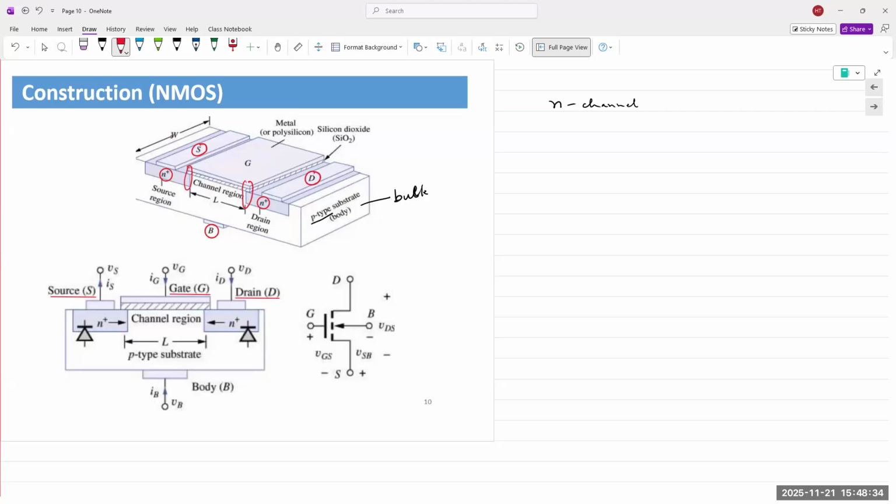If it does not overlap, there will be a gap left between, and the channel would not connect. So the gate region must overlap both N-type regions. And then, of course, it's separated with an oxide layer or an insulating layer. So there is an overlap. Without the overlap, the channel would be broken. It would not exist from end to end.